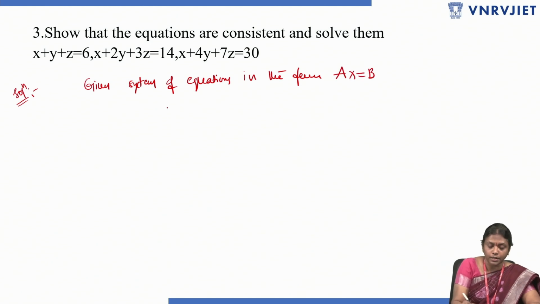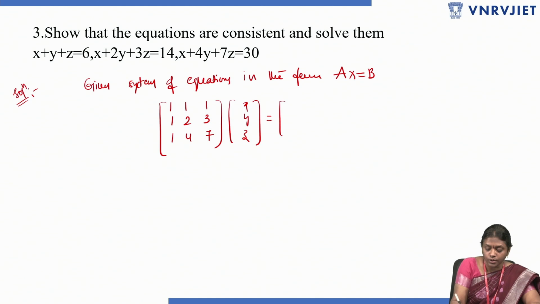Now write the coefficient matrix, the coefficients of the first equation 1, 1, 1, 1, 2, 3, and 1, 4, 7. So the unknowns are X, Y, Z. And the constant matrix is 6, 14, 30. Now, define the augmented matrix.